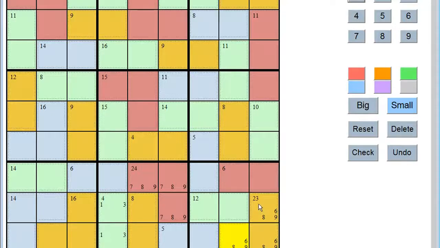So you can see this 23 here, I've put in 6, 8, 9 straight away as the pencil marks, because again that's the only way to make 23 in 3 squares using the numbers between 1 and 9. And often when you solve Killer Sudoku, this is how you start. You look for the cages that only have one option and you start filling those in.